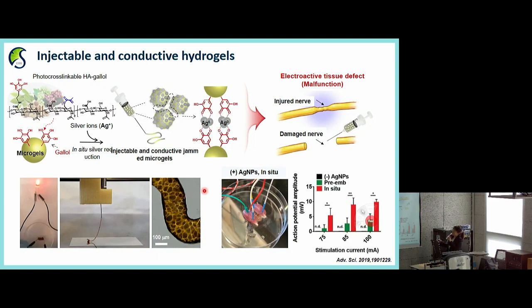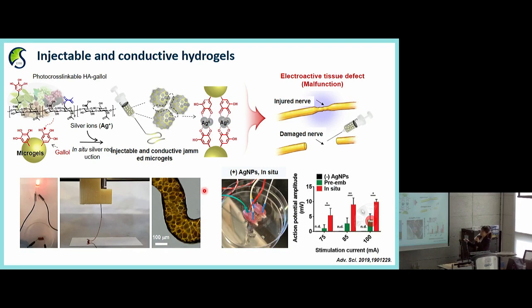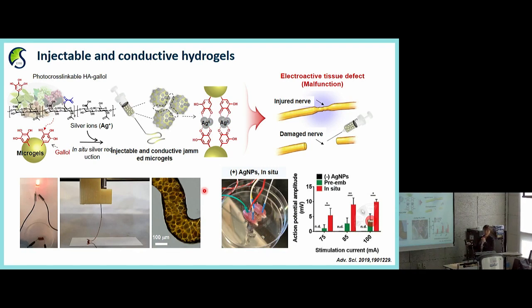We modified hyaluronic acid with a photocrosslinking moiety and a gallol moiety, and this gallol has a role in metal reduction. By the gallol's reduction capability from silver ion to silver nanoparticle, we can get this conductive hydrogel. Also, this hydrogel has a granular form, a microgel, for better injectability.